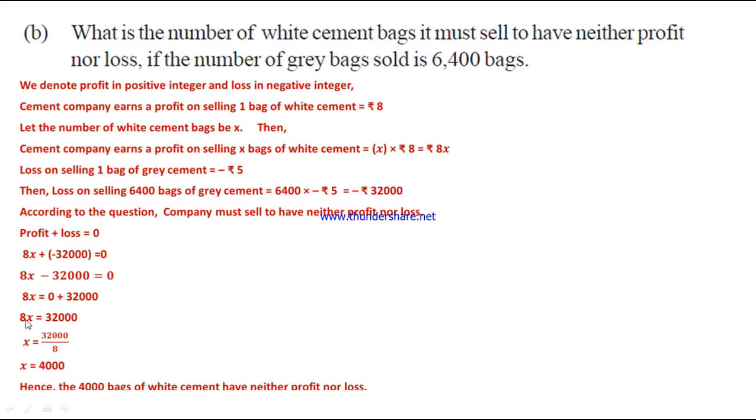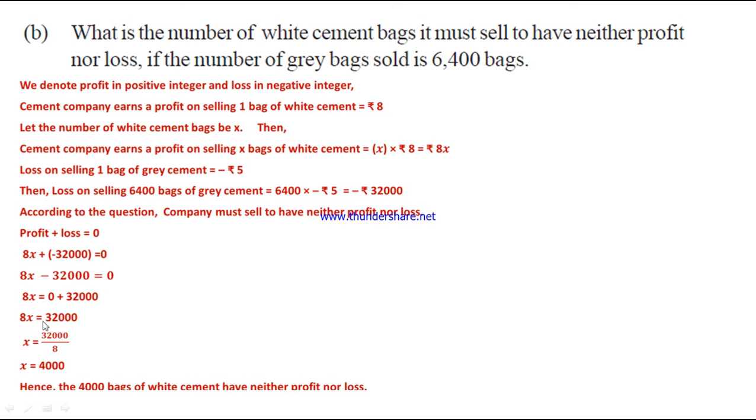Again we send this 8 to the right hand side, because solving an equation means we have to separate the variable and find its value. The 8 with the variable is under multiplication, 8 into x. When you send this 8 to the right hand side, it becomes division.